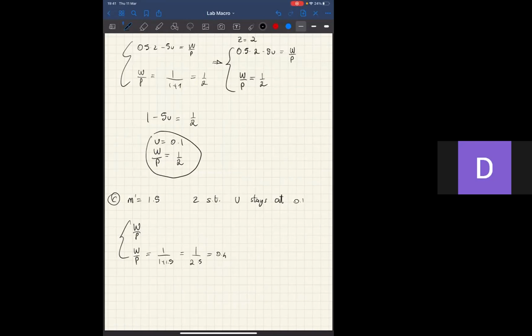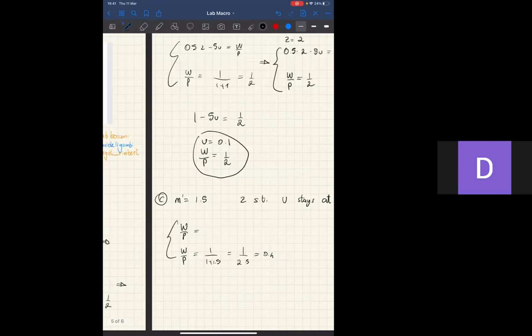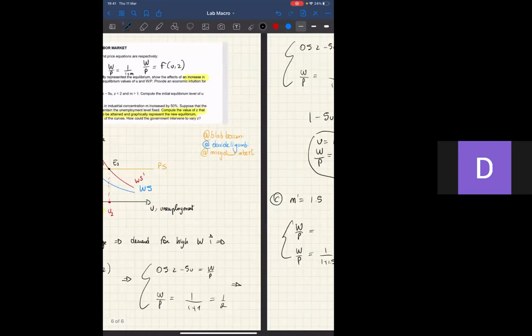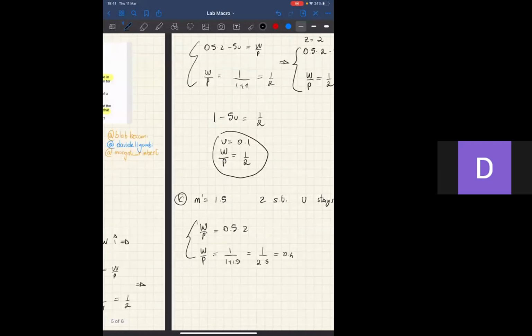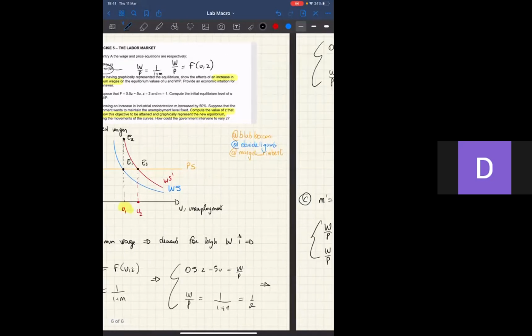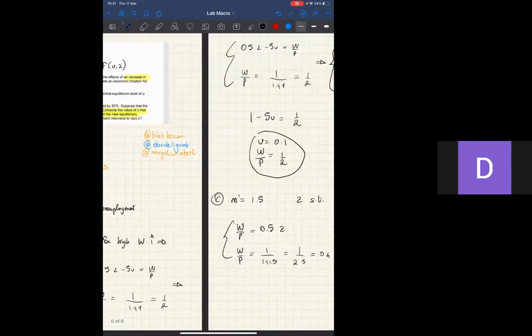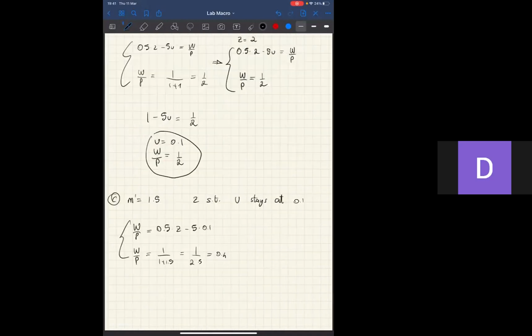And here instead we have 0.5 times Z, which here we have to compute, minus 5 times our U, which is going to be 0.1. So proceeding here over to this side, we have that W over P is going to be equal to 0.5 times Z minus 0.5. And here is actually W over P equal to 0.4.